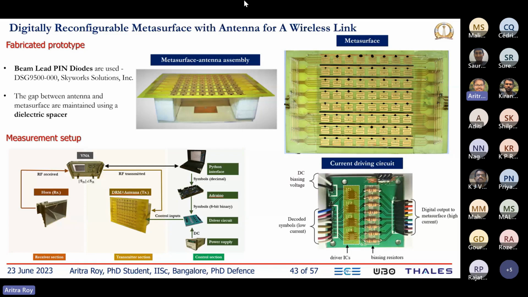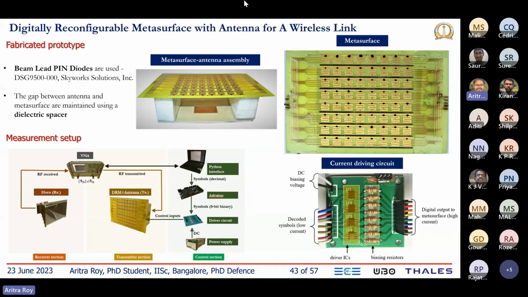Then the symbol is decoded, and once it is decoded into 8-bit binary, the metasurface is set to that state. Once the metasurface is set, the far field S21 is recorded by the VNA, and this recorded data is then saved into the Python interface. This cycle continues as long as we want to communicate in a wireless link.